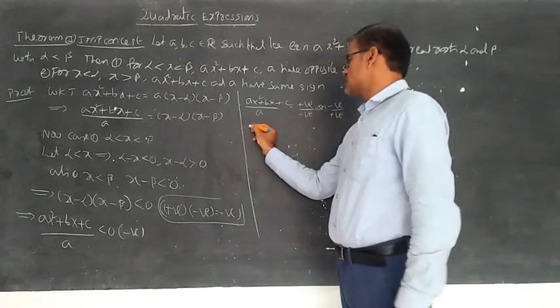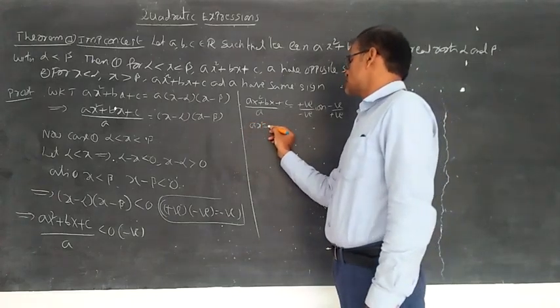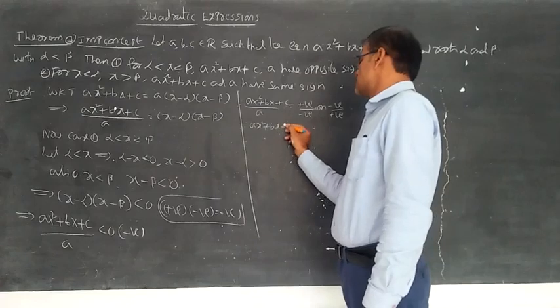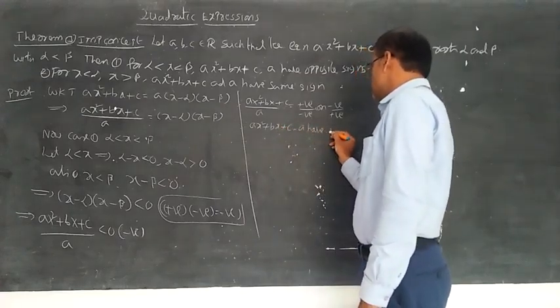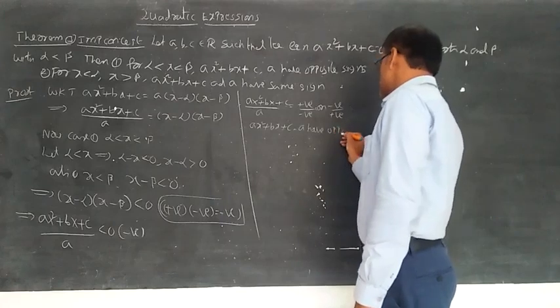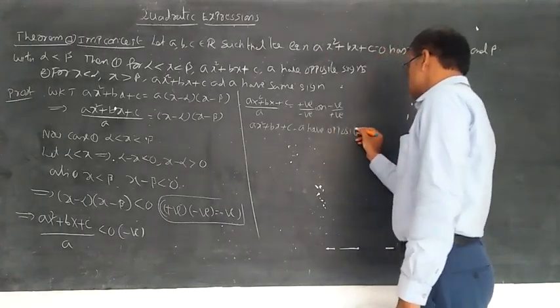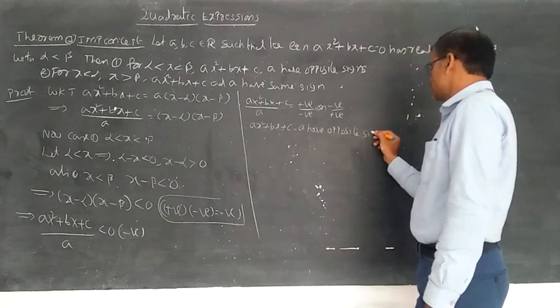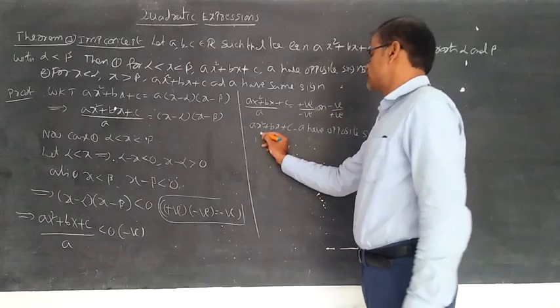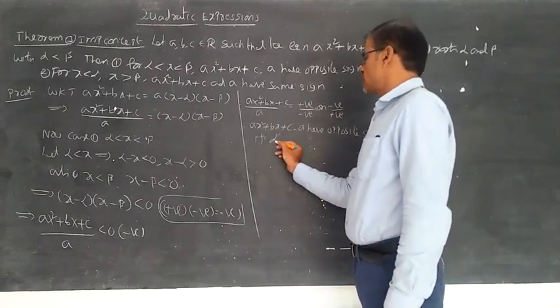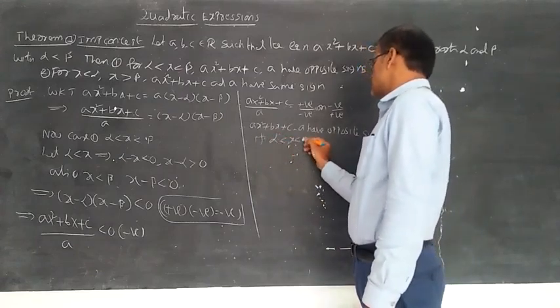Therefore, ax square plus bx plus c and a have opposite sign, if alpha less than x less than beta.